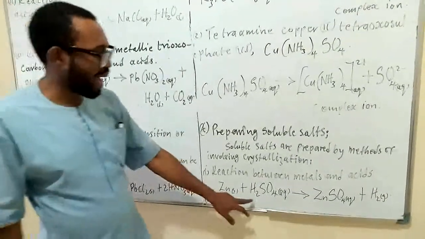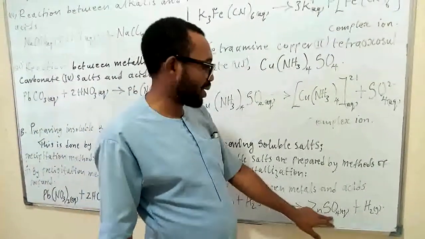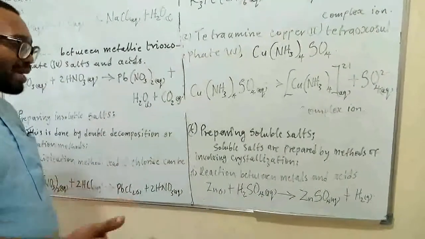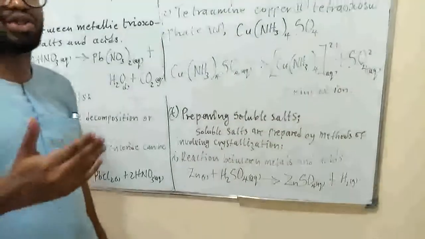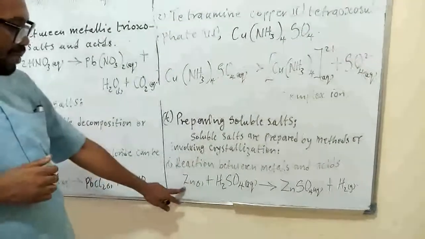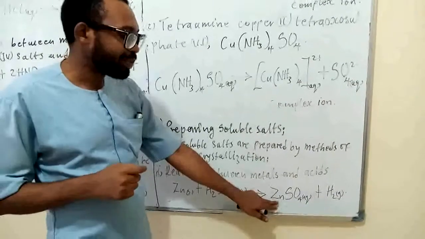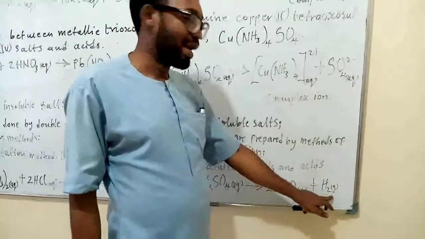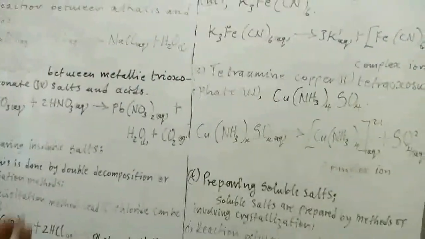If zinc reacts with sulfuric acid, it will produce zinc sulfate with the evolution of hydrogen gas. For every reaction with metals, there is evolution of hydrogen gas. That's the first method, reaction between metals and acid.